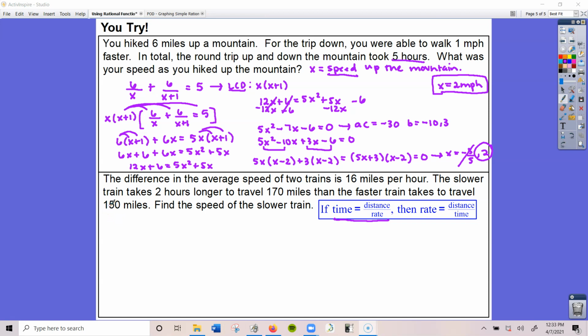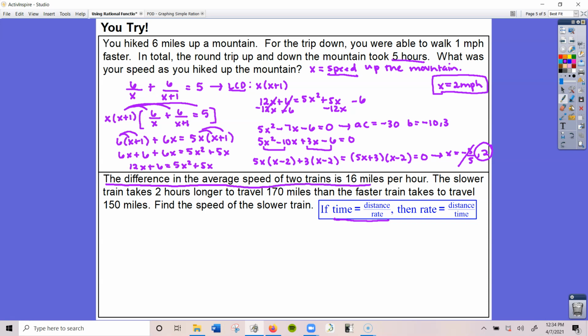Now let's look at this last problem. It says the difference in the average speed of two trains is 16 miles per hour. The slower train takes 2 hours longer to travel 170 miles than the faster train takes to travel 150 miles. Find the speed of the slower train. So here, first of all, if we're going to dissect this, this is the main piece of information here.